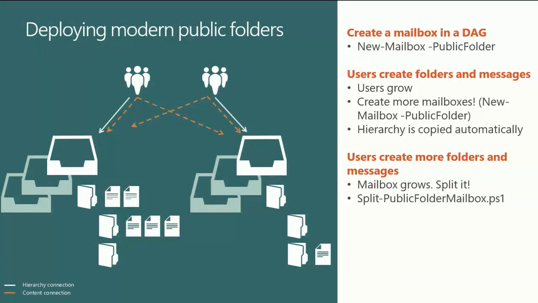Splitting is what in the service world we use this term, which is that we take half the content, or roughly half the content, of the source mailbox, and we move that to the destination mailbox. So this is our load balancing for storage. So in this case, I took some of my content from the first one to my new public folder mailbox.